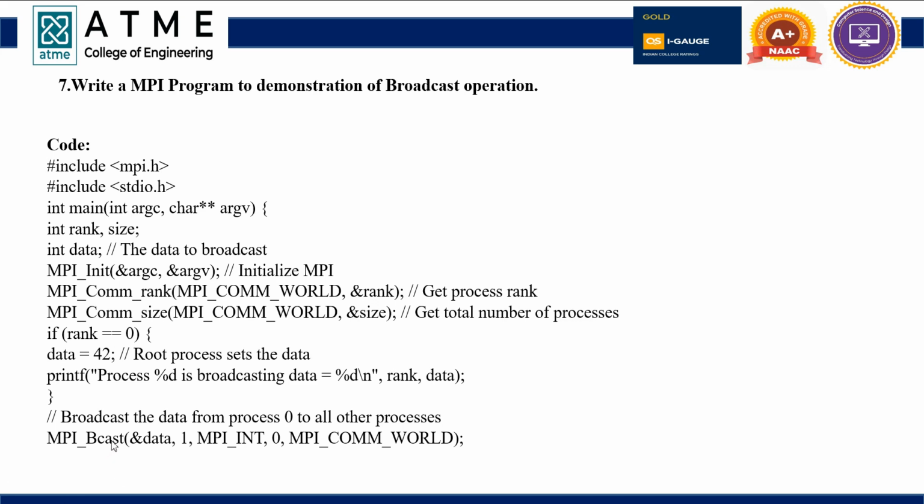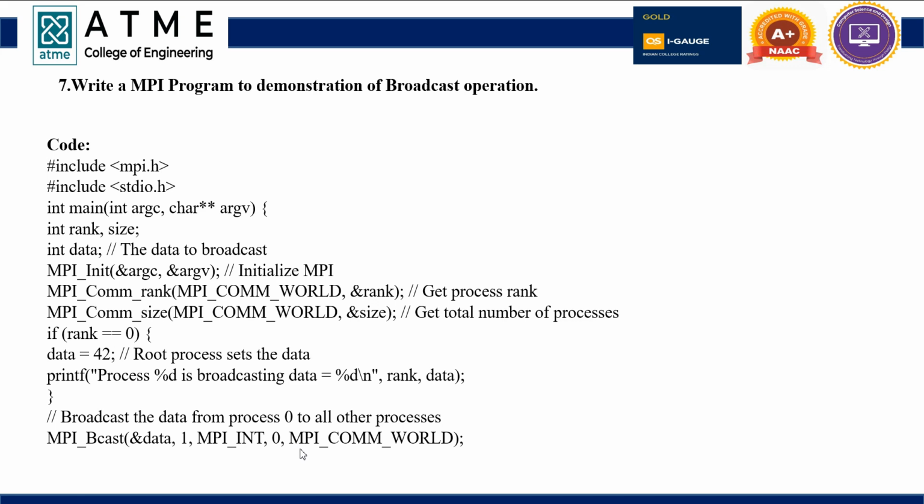Now broadcast the data from process 0 to all the processes. To do so, we are going to use the syntax MPI_Bcast, that is broadcast, with data, 1, MPI_INT, 0 and the communicator MPI_COMM_WORLD.